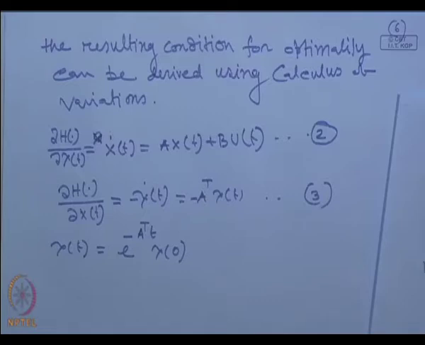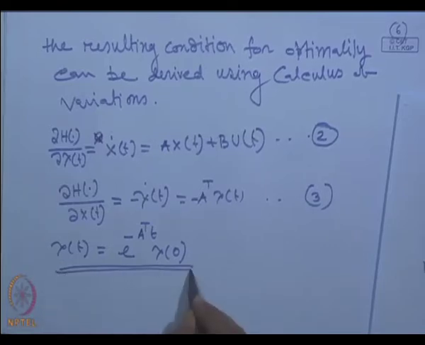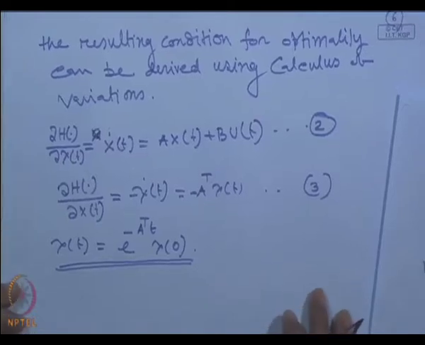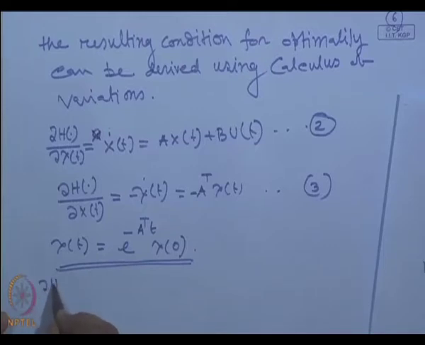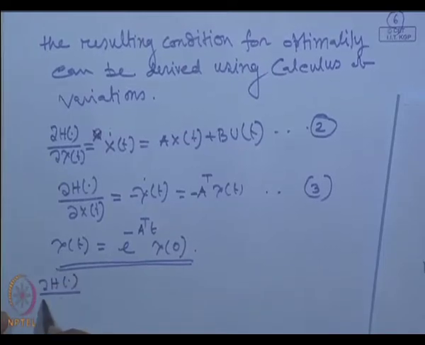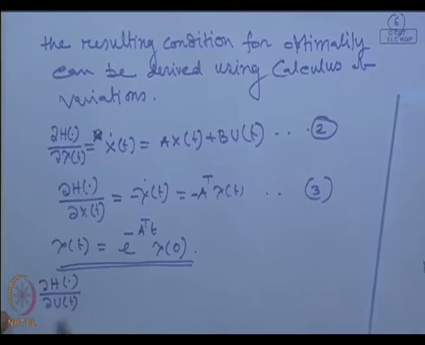Now this is the co-state vector equation solution, you know it. Now, another condition, which is more important: del H del u of t is equal to 0.